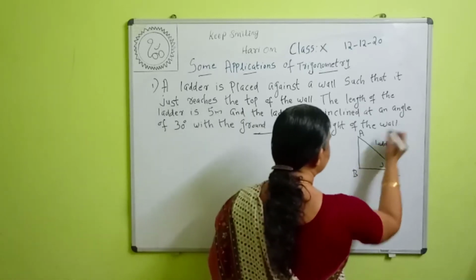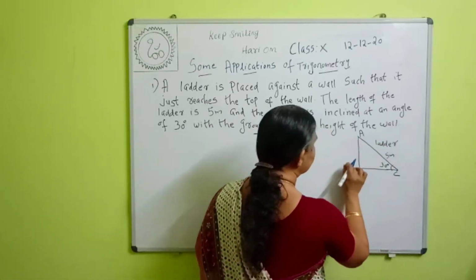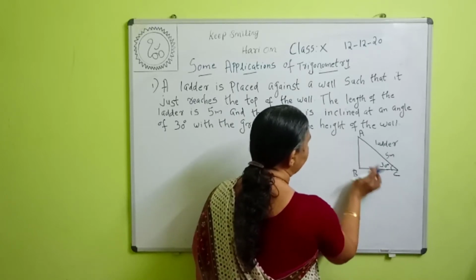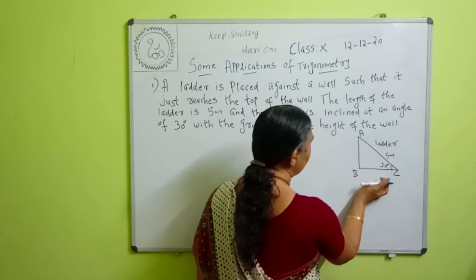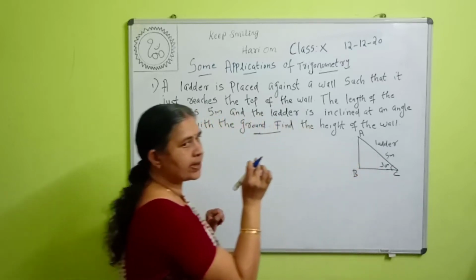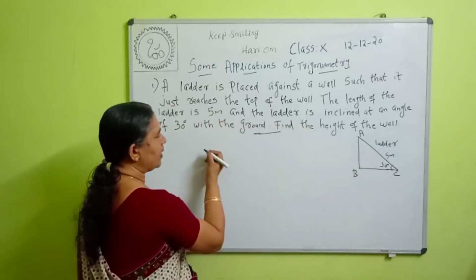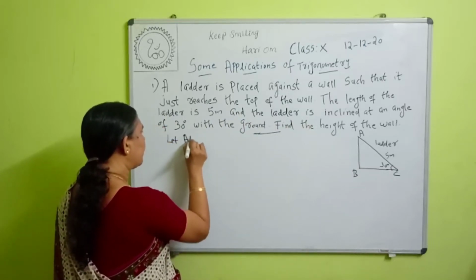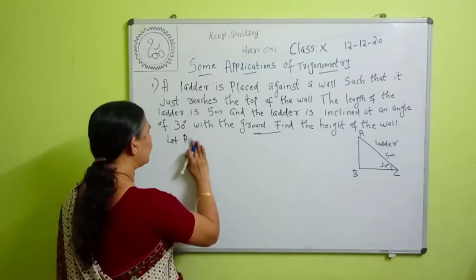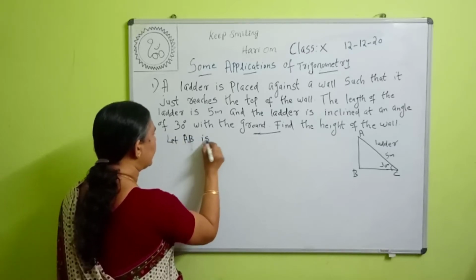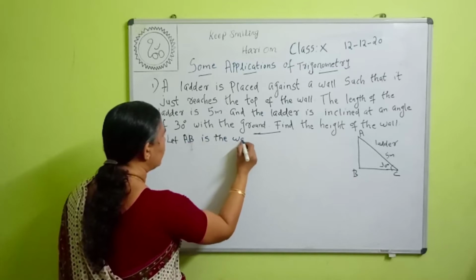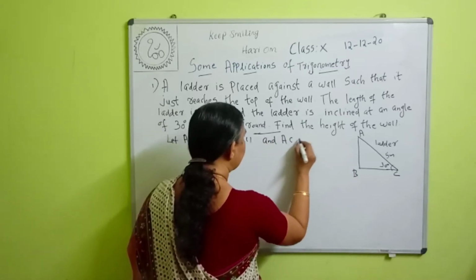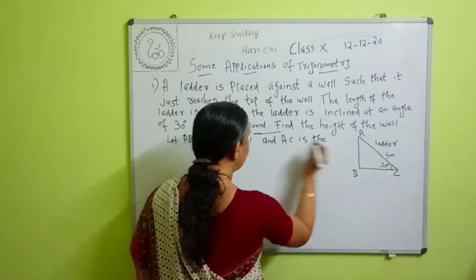Here, this is the wall. AB is the wall and this is the ground. A ladder is placed against the wall. AB is the wall and AC is the ladder.